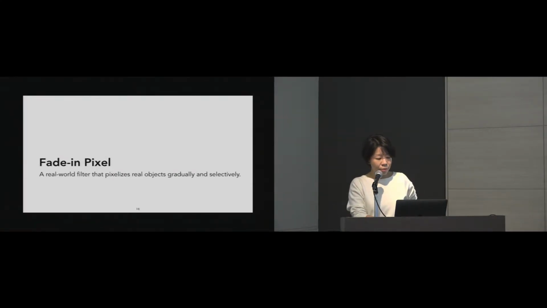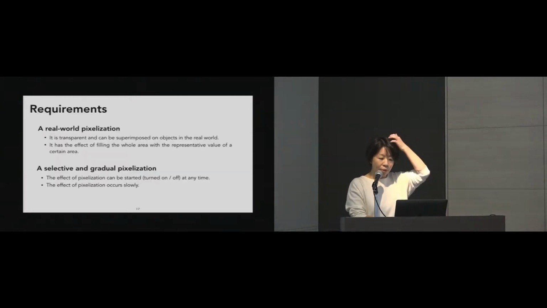Now we will move on to the design of Fairy in Pixel. Fairy in Pixel aims to pixelize real objects gradually and selectively. We set our requirements as necessary conditions for the mechanism to work. For real-world pixelization, it should be transparent and able to be superimposed on an object in the real world.